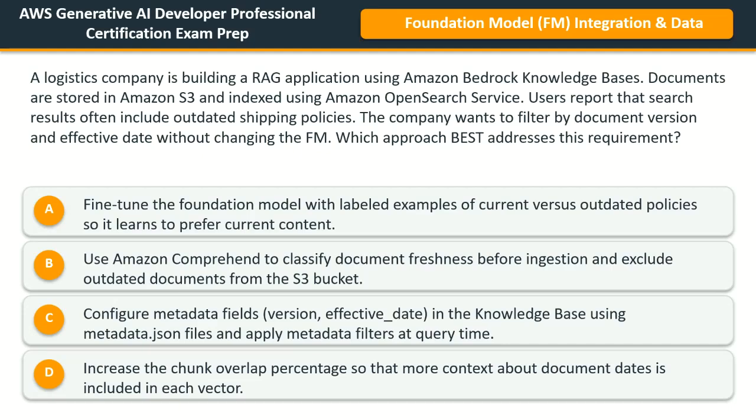A. Fine-tune the foundation model with labeled examples of current versus outdated policies so it learns to prefer current content. B. Use Amazon Comprehend to classify document freshness before ingestion and exclude outdated documents from the S3 bucket.